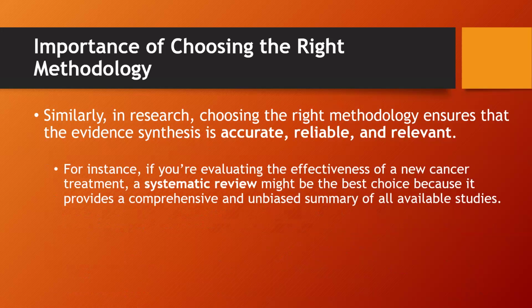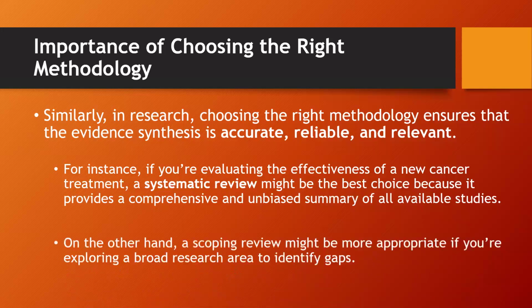For instance, if you are evaluating the effectiveness of a new cancer treatment, a systematic review might be the best choice because it provides a comprehensive and unbiased summary of all the available studies. There might be millions of studies, hundreds of studies, but you have to select in a structured way to do that systematic review.